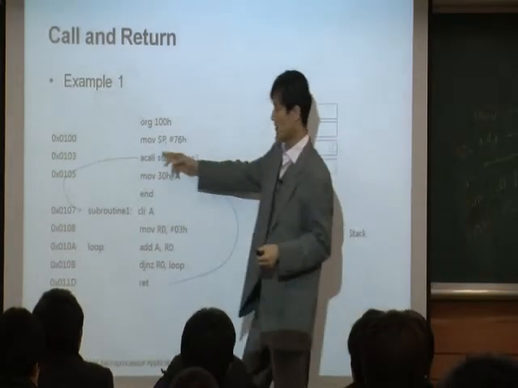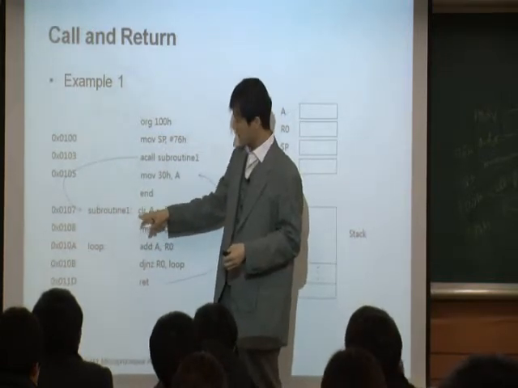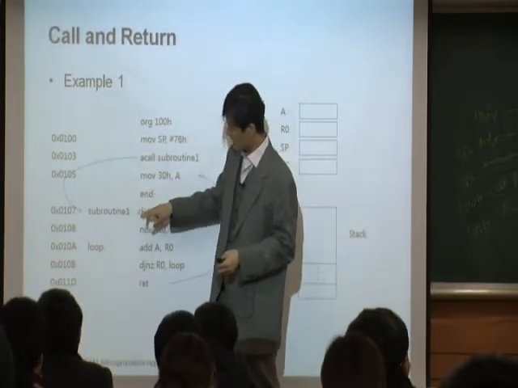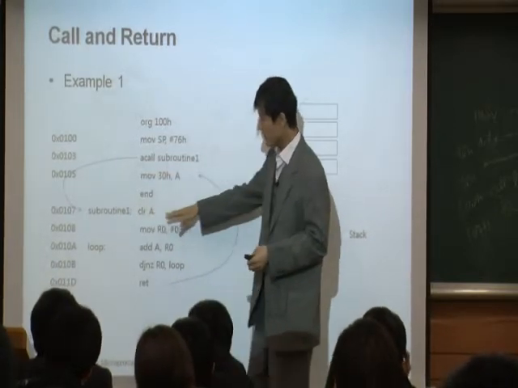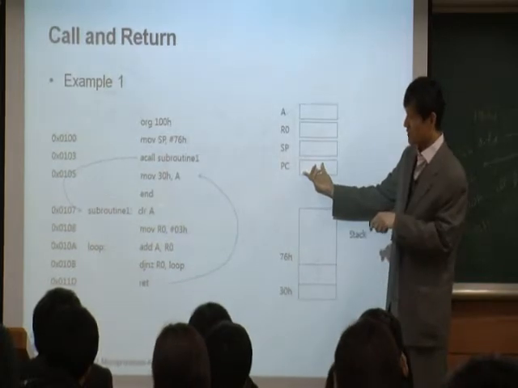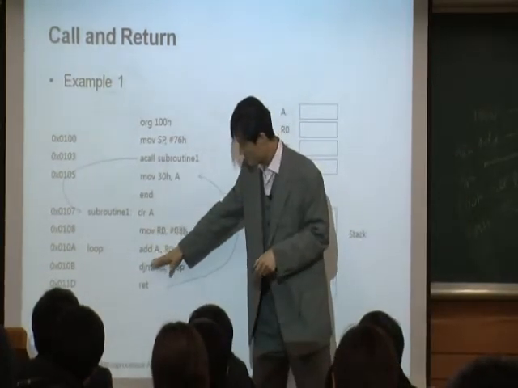So you jump to 107 because that's where subroutine 1 is. Now it's time to execute this one, and the program counter changes to 108. And then you keep going like that.